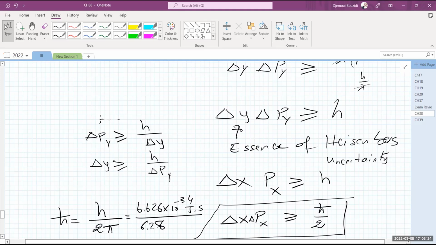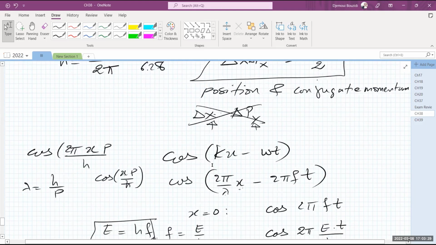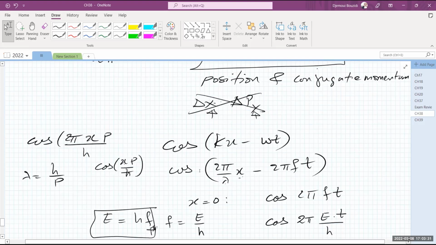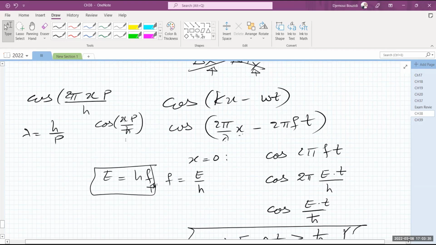That h over 2 pi symbol, we call it h bar. Because h over 2 pi always happens in these expressions, that's where the symbol h bar came from. So we're not dealing with h anymore, we're dealing with h bar as a constant.